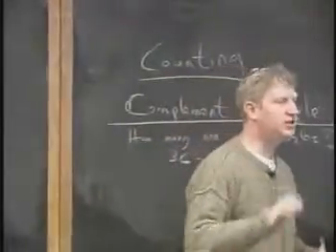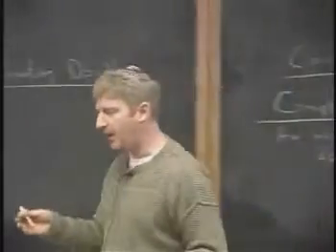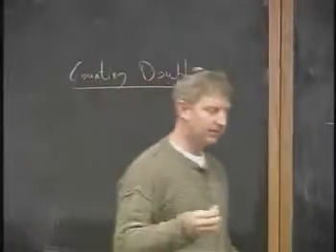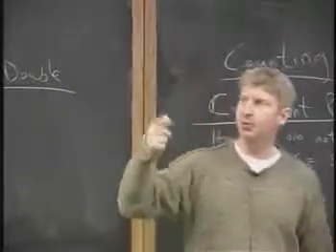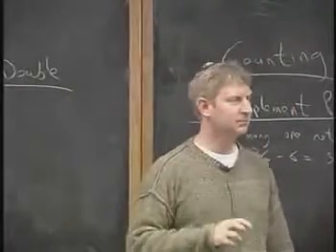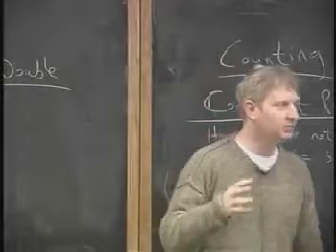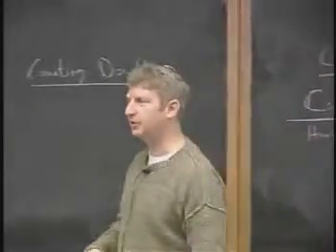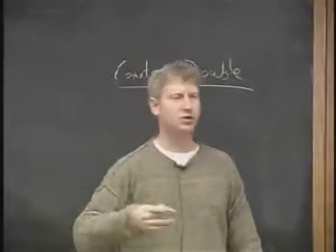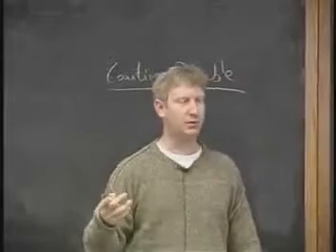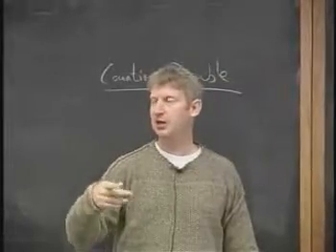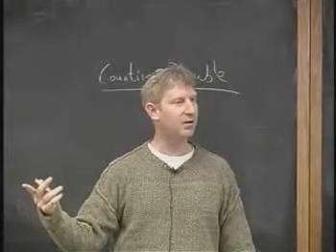Here's one place you've seen this already. Say I want to count how many ways there are of choosing a pair of you to go up and complain about the leak in the corner. I want 2 of you to go upstairs and complain to @stake, there's a leak here, go. How many different ways can I choose you? Well, I can pick anybody for the first person, that's 36. And I can pick anybody for the second person, that's 35.